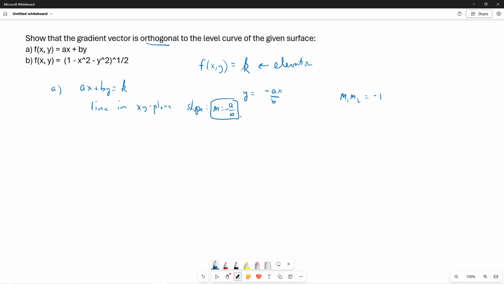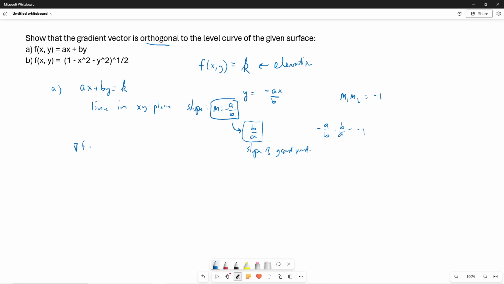So we want that to be b over a. So negative a over b times b over a is negative 1. So let's check that our gradient vector has this slope. So what is the gradient vector?